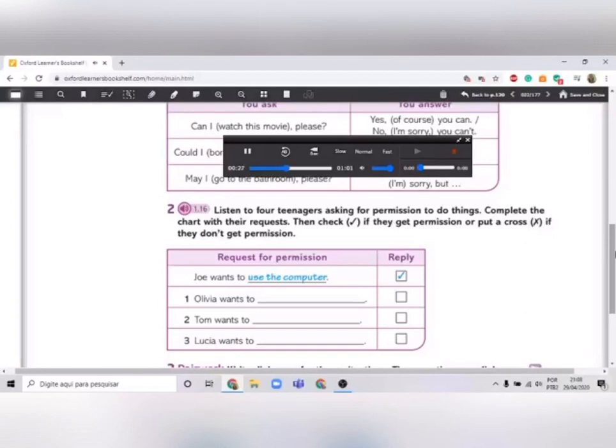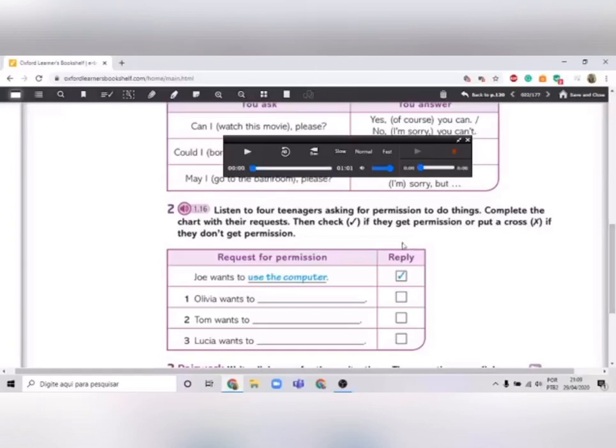At 9 o'clock. No, sorry, you can't. 9 o'clock is very late. It's a school day tomorrow, Olivia. 2, May I use the phone for a moment, Mr. Martinez? I have to call my dad. Yes, of course, Tom. The phone's in the kitchen. 3, Can I borrow your bike, Hugo? No, I'm sorry, Lucia, you can't. I need it. I'm meeting Bruno this afternoon. We're going on a bike ride.